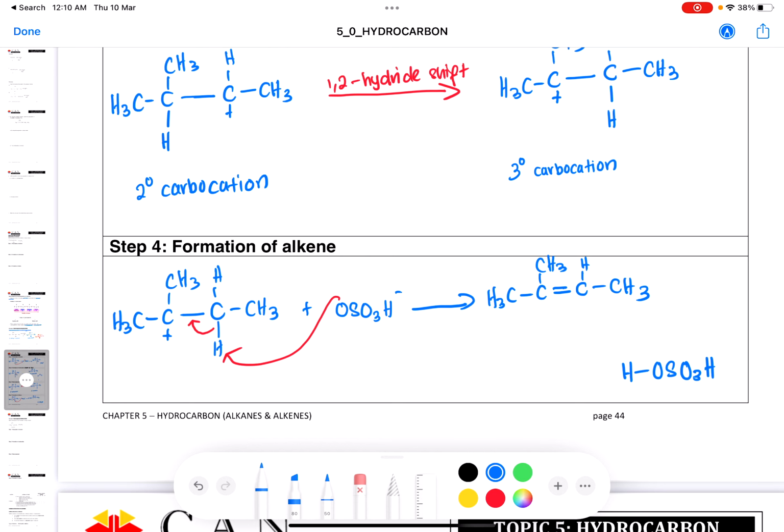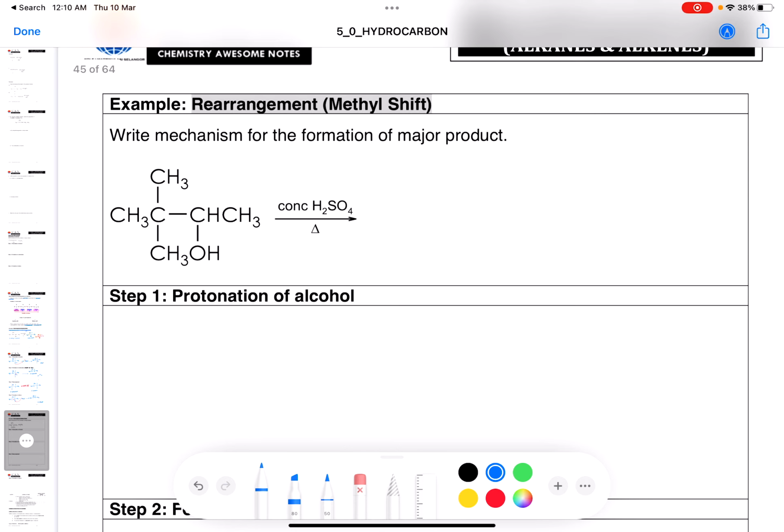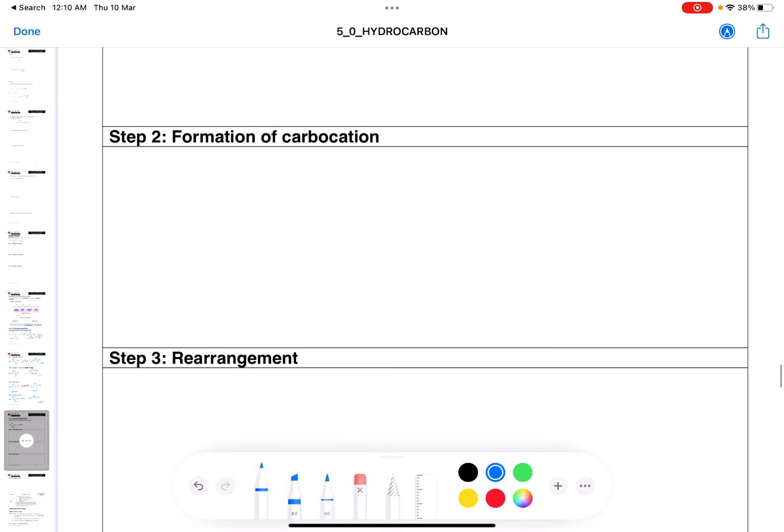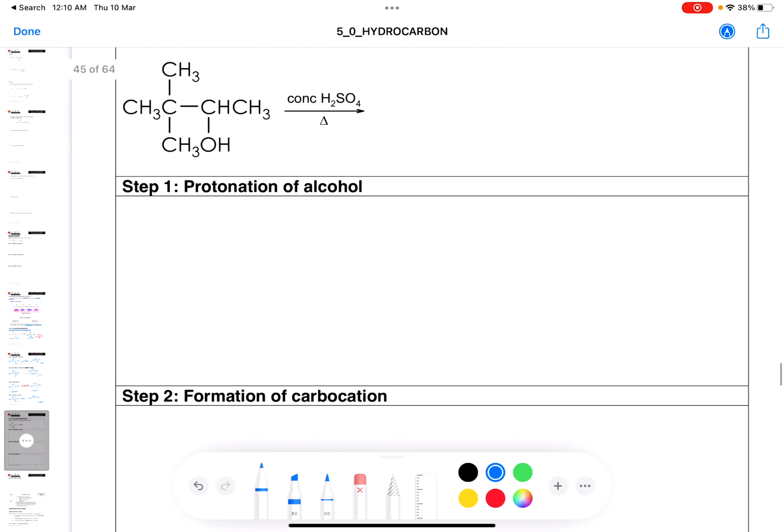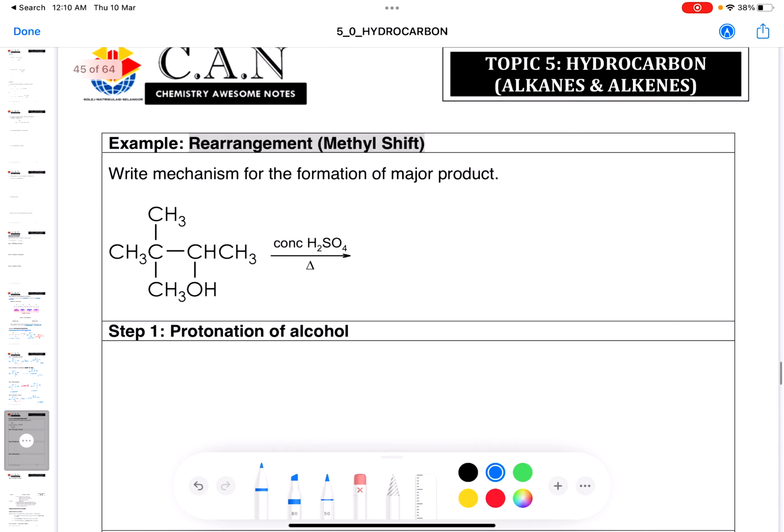Now, I will show you the second one, which is a rearrangement where methyl is involved. So let's just proceed to the next one, page 45. I will directly give you the final answer. So this one we're going to get this.